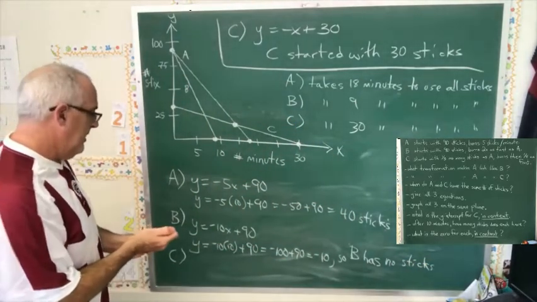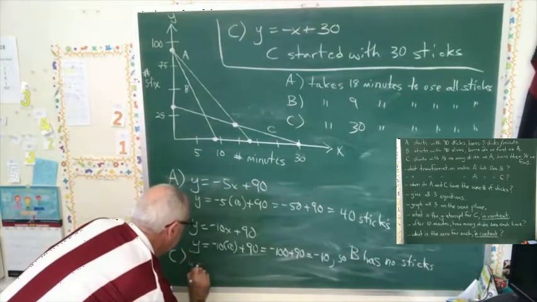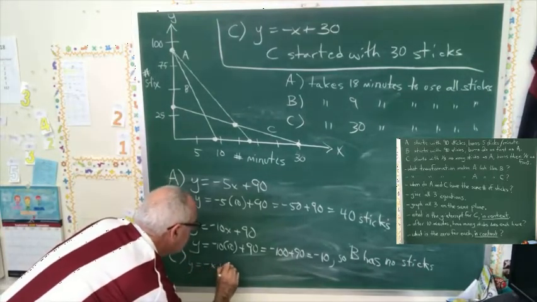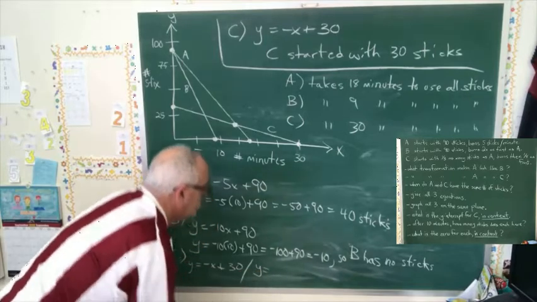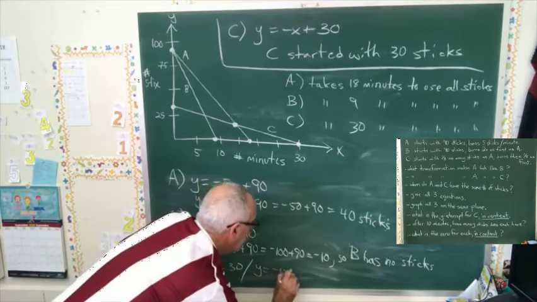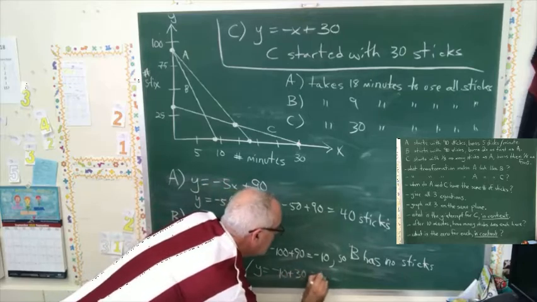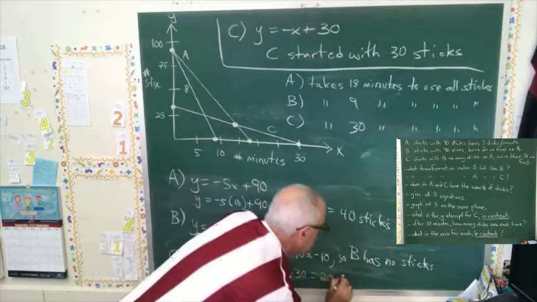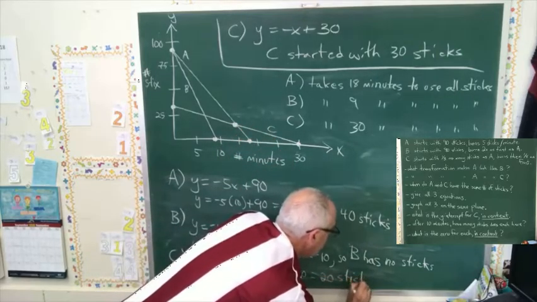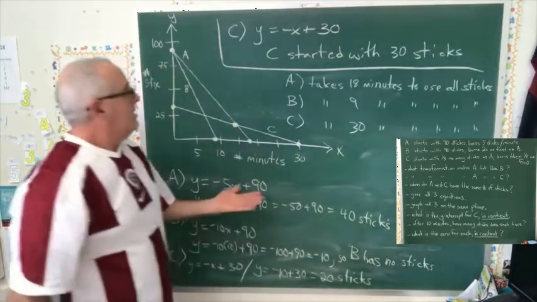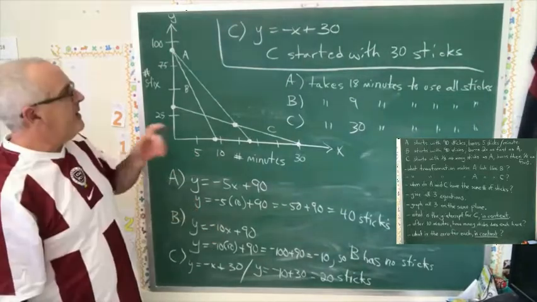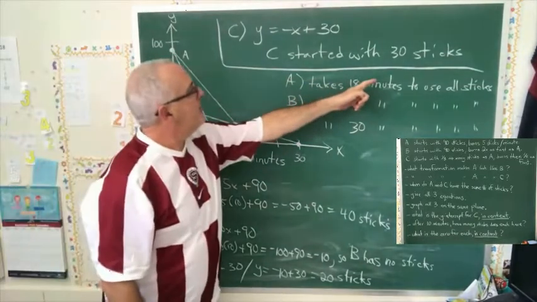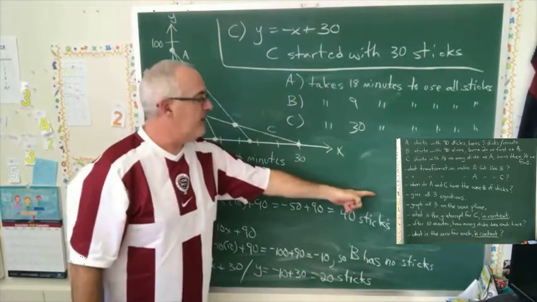Then there's C, y equals negative x plus 30. I'm going to write it here, y equals negative 10 plus 30, which is 20 sticks, unit of measure. Okay, I've answered all the questions that went with this burning stick situation. It didn't have room to put the question in the usual spot, so I had to put it here.